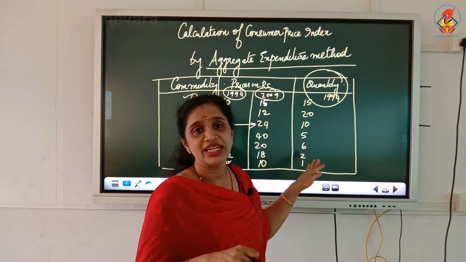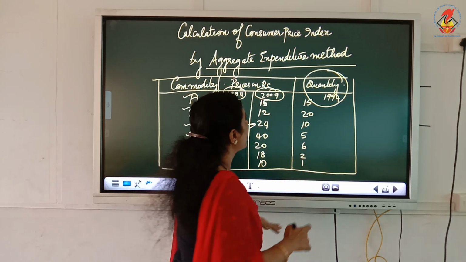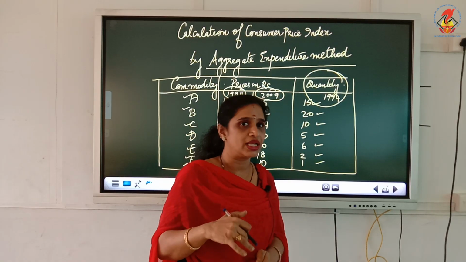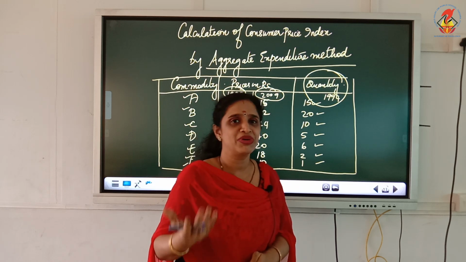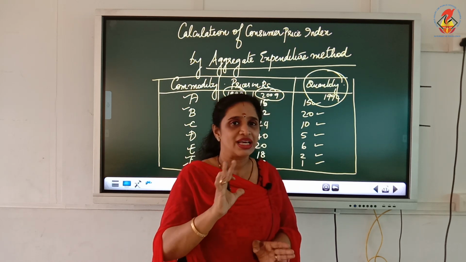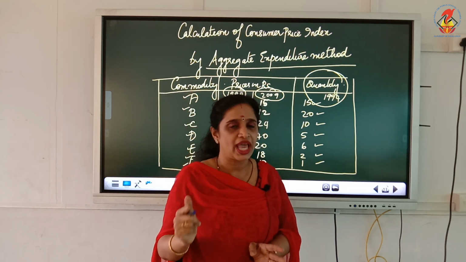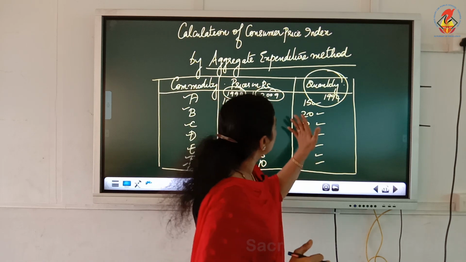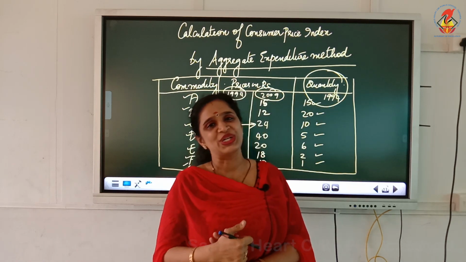The quantity in 1994 is given as 15, 20, 10, 5, 6, 2 and 1. It can increase or decrease depending on an increase or decrease in the number of members of the family, so we cannot write values for that. Therefore, we go with the assumption that almost the same quantity will be consumed.